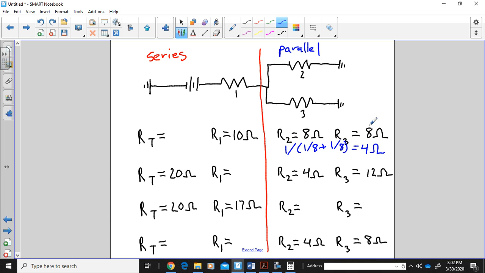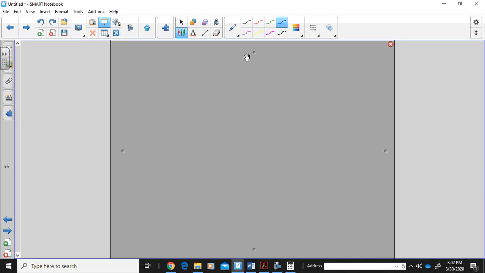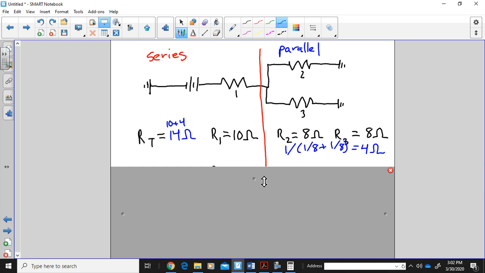Alright. So if I know 4 ohms is what this branch acts as, and 10 ohms is what this resistor acts as, I can do 10 plus the 4 and get 14 ohms total. Let's throw up the shade. Alright, so calculate the resistance on the right side, add it to the resistor, and get total.